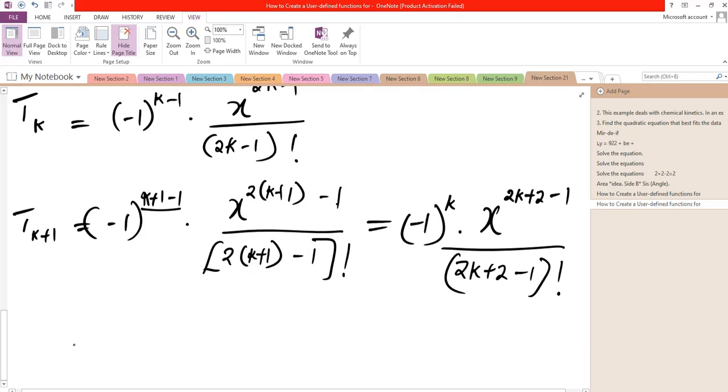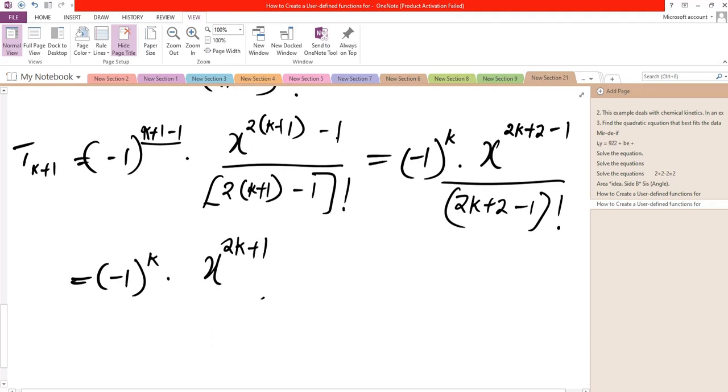Now if you simplify this further, you have -1 raised to power k times x raised to power 2k plus 1 all over 2k plus 1 factorial.